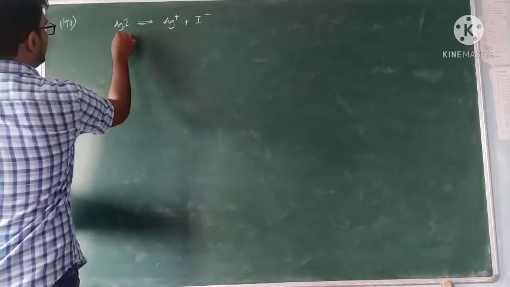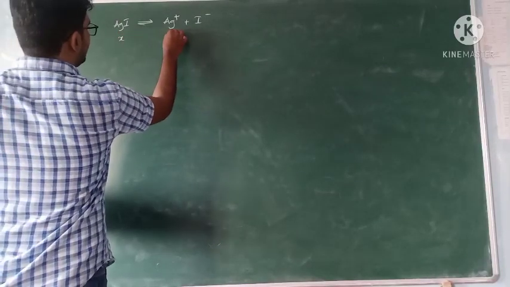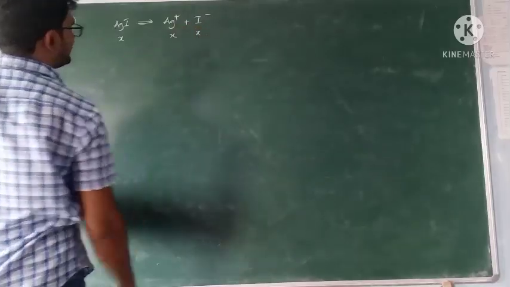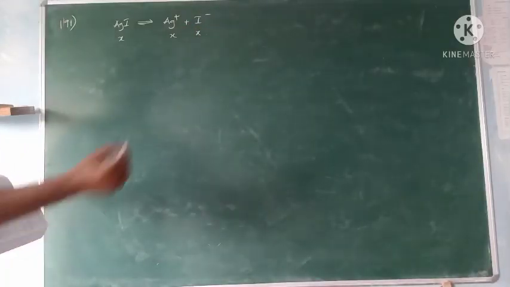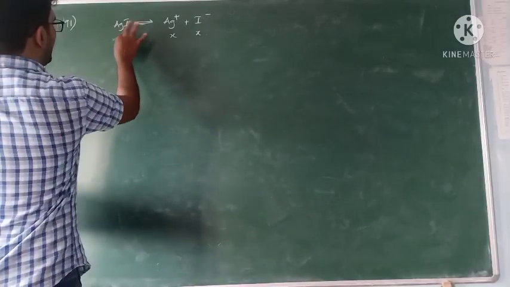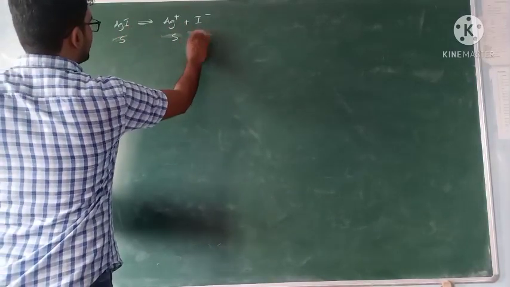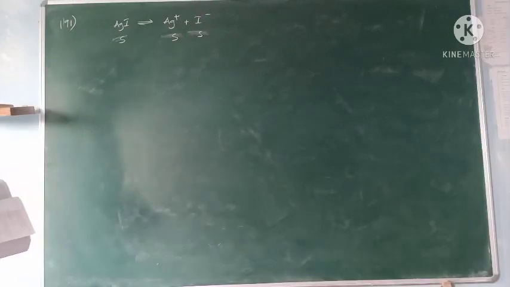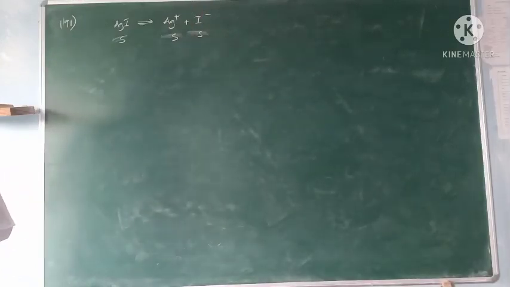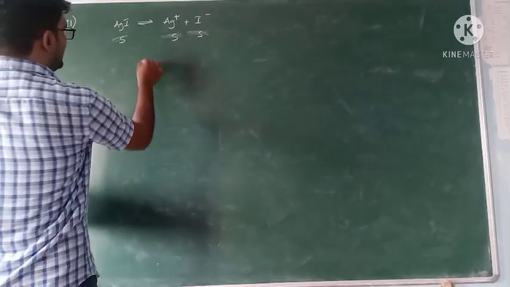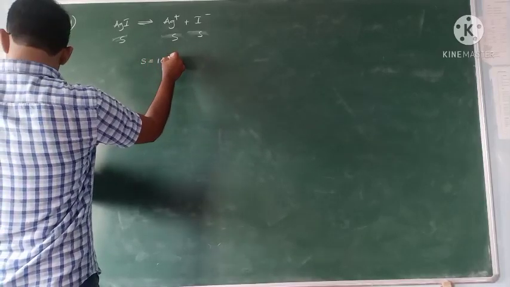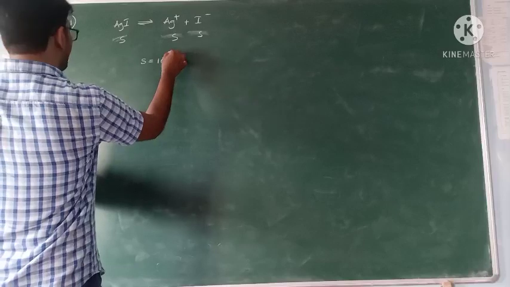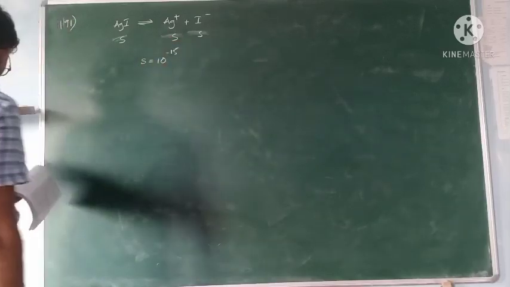This one, solubility taken as x, then it is x. Actually, in our words, I already explained like this, S is solubility. But already the solubility value is given, that is 10 to the power of minus 15 for AgI.